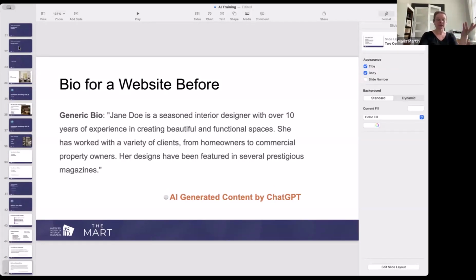So for an example, you've already got a bio on the website about someone, and it can be super basic, right? This person, interior designer, 10 years, awards, seen in magazine.